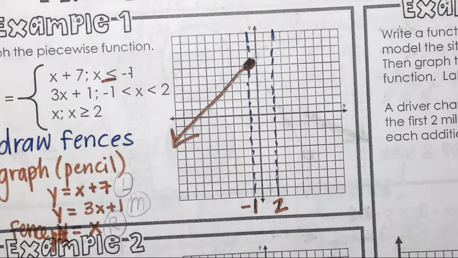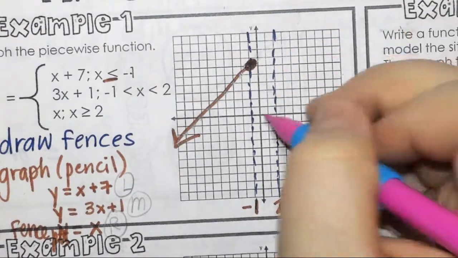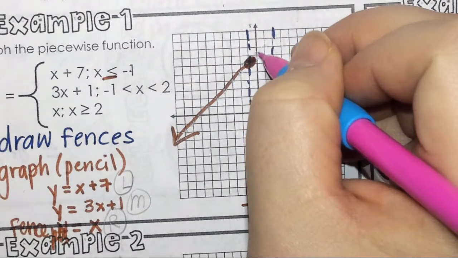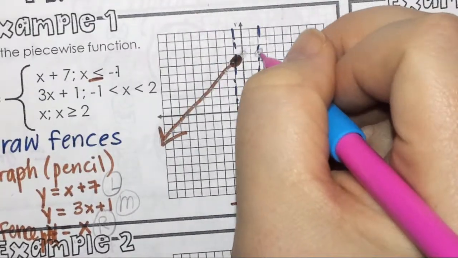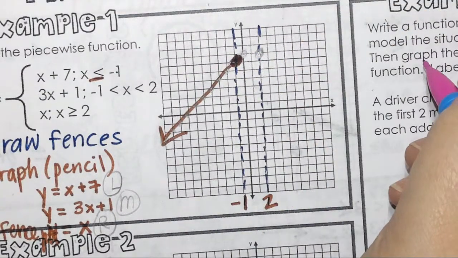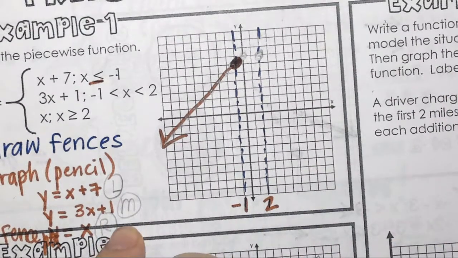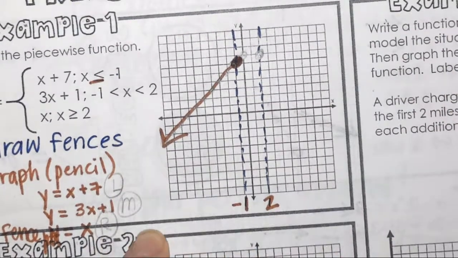One thing I want to point out, and that's what happened first period: Landon said, put the 7 on the y-axis. There was someone in first period who put the 7 on one of the fences. It's still y equals mx plus b. The b still goes on that y-axis.